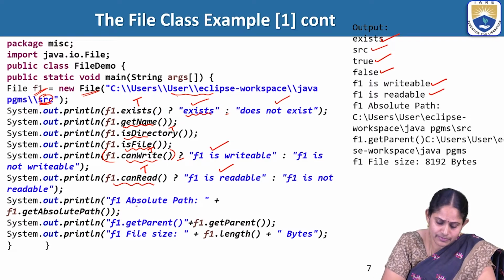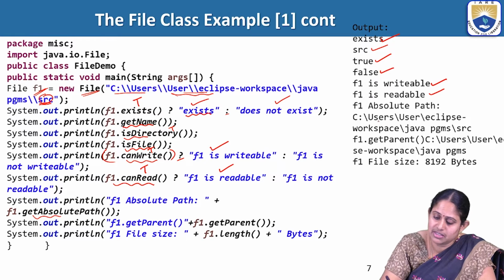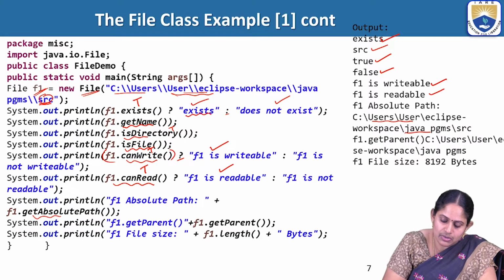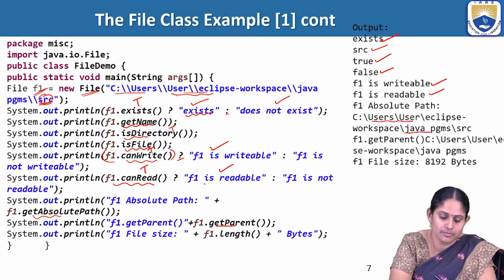Similarly, getAbsolutePath will return the path of that particular object which we have created. The path is whatever we had given here, so we get the same thing in our output. Now the getParent method will return the parent of that particular object.